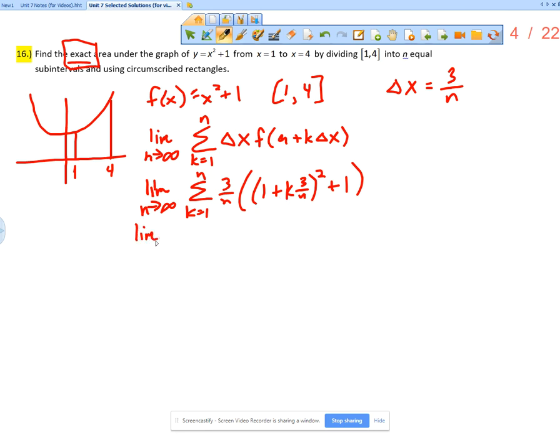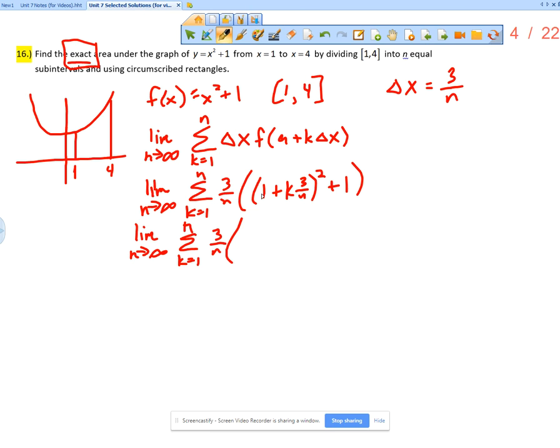Limit as n approaches infinity of the sum from k equals 1 to n of. First, I'm going to expand the 1 plus 3k over n quantity squared, and I have the 3 over n out front.